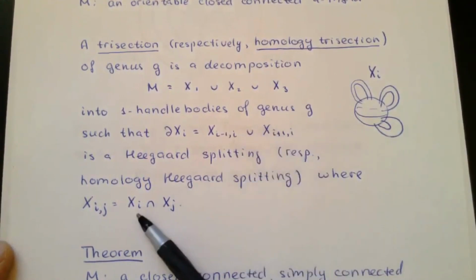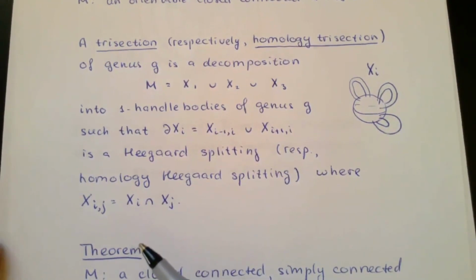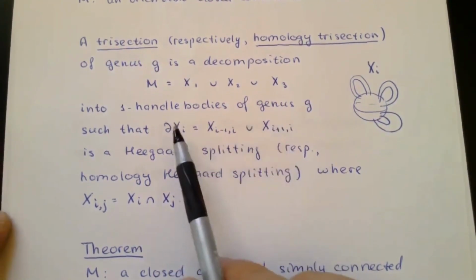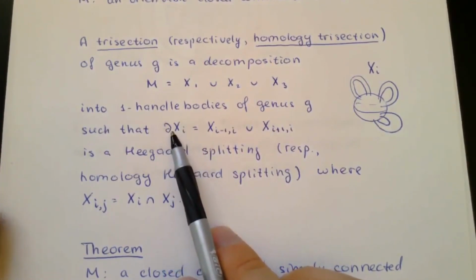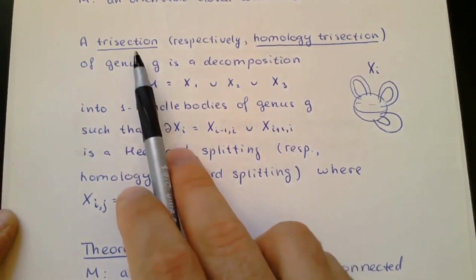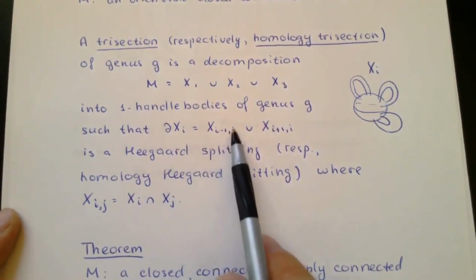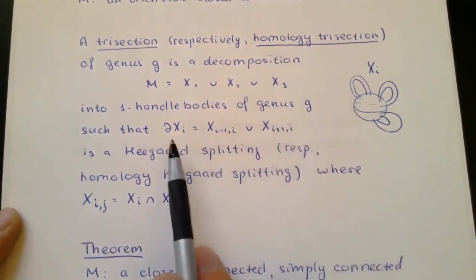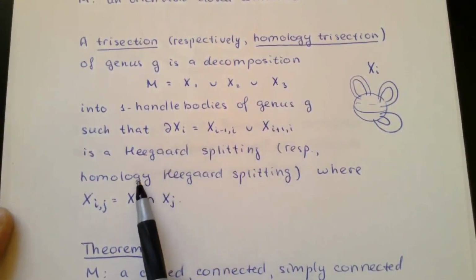These pieces are precisely the intersection of X_i with the other two one-handle bodies. Furthermore, the decomposition of the boundary of X_i in the case of genuine trisection should be a genuine Heegaard splitting. In the case of the homology trisection, this decomposition of ∂X_i should be a homology Heegaard splitting.